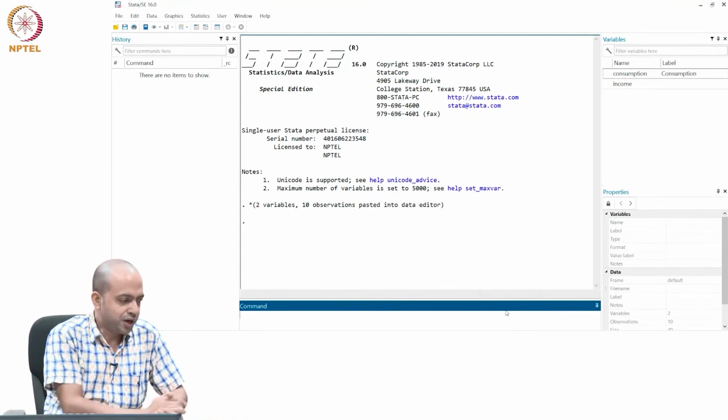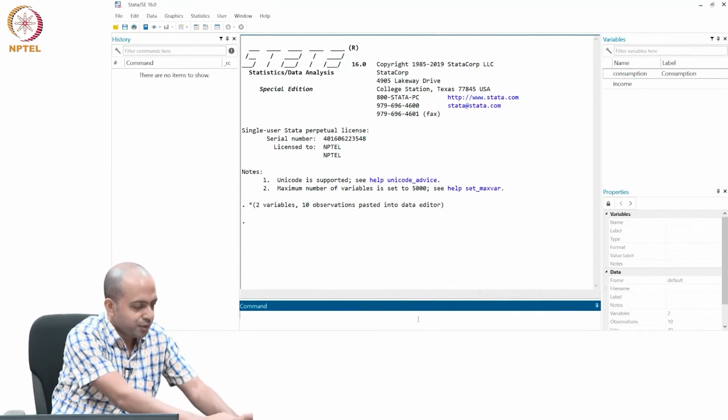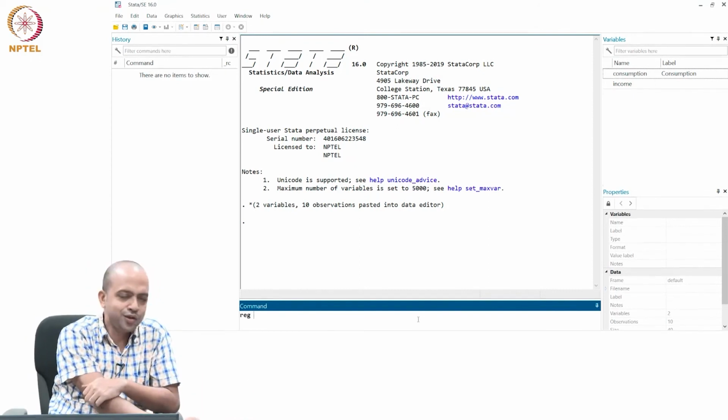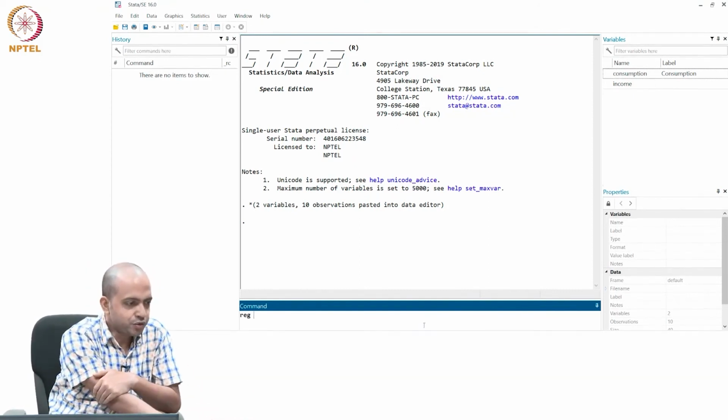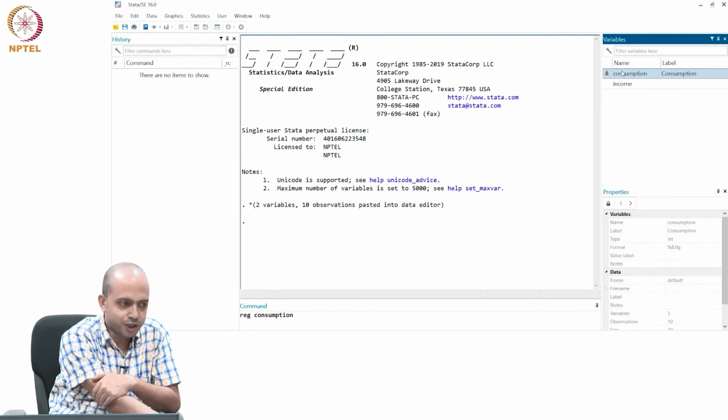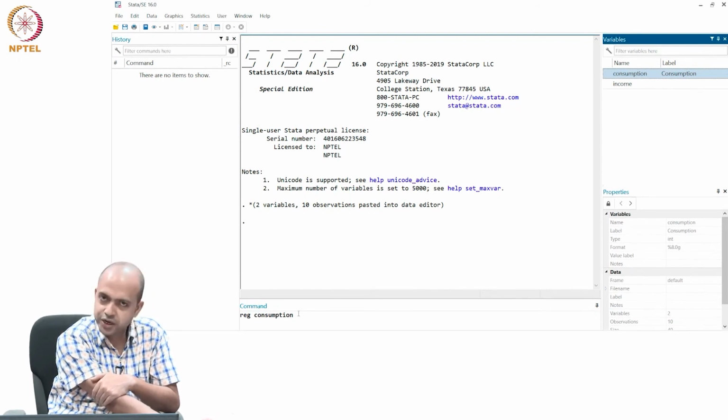Okay. So, it would be good if you can remember or write it down. This is a simple command for estimation. The command I am going to write is reg, for regression, then you give one space, and then you have to specify your dependent variable. In this example, the dependent variable is consumption. If you double click on consumption, it will automatically be taken, you do not have to type it. Rather, you should avoid typing, because if you make any small mistake while typing, then Stata will not take that command, because the variable is already defined in this way.